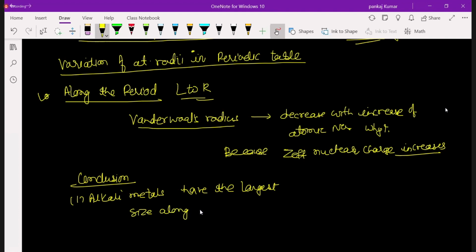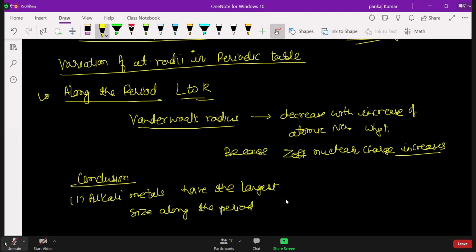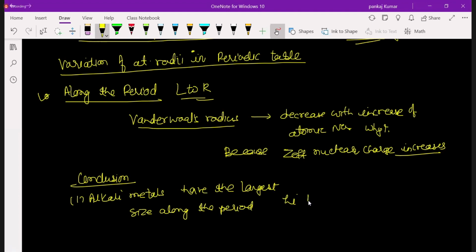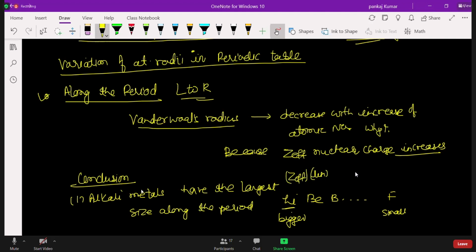If you take lithium, boron, and go up to fluorine, the size will become smaller, because Z effective is less here and high there. When Z effective becomes high, size becomes smaller.